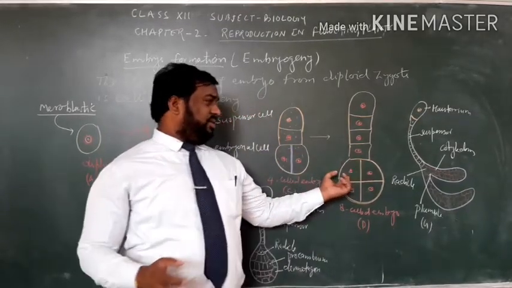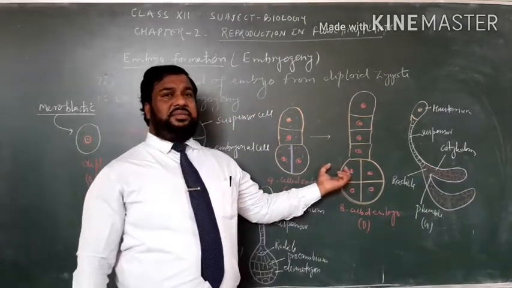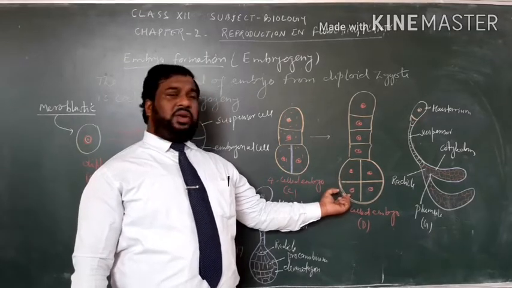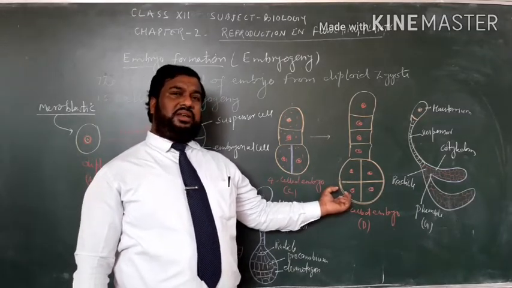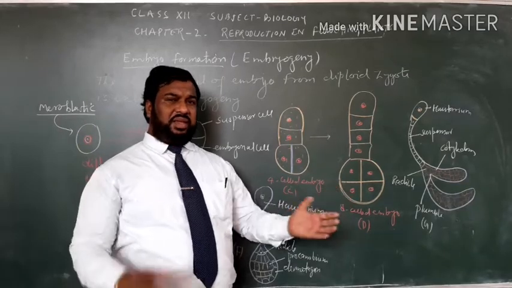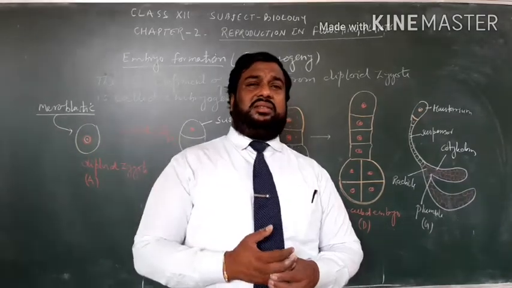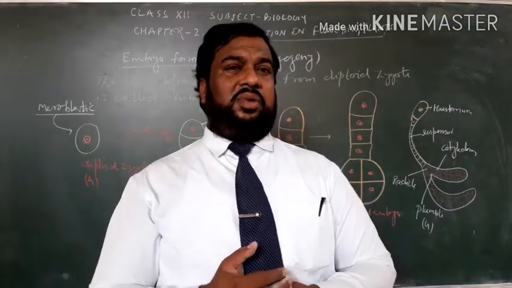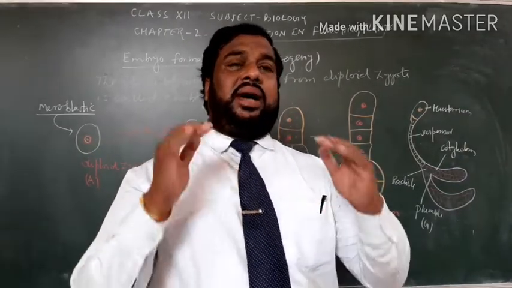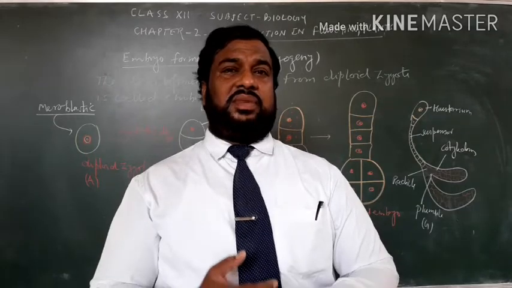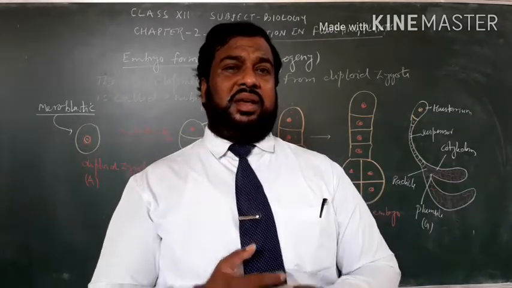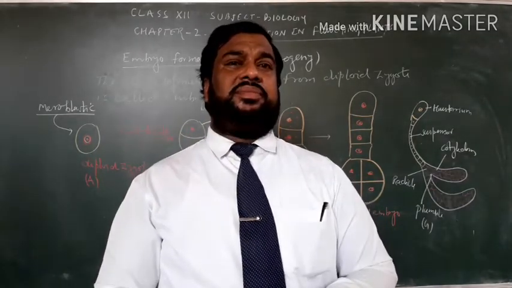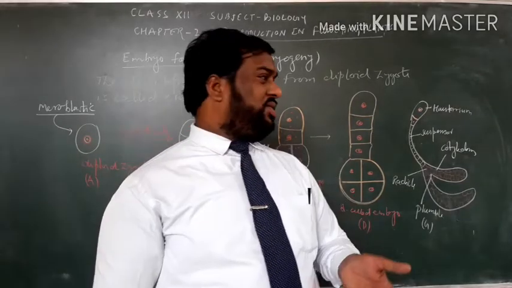Upper one epibasal and lower one hypobasal. Epibasal forms radicle and plumule, while hypobasal forms dermatogen and procambium.